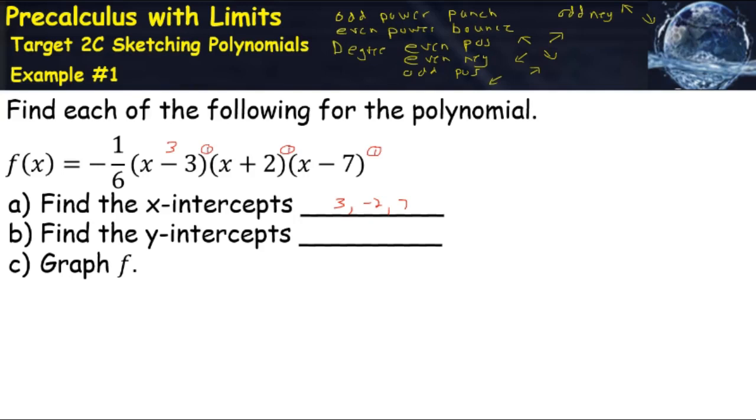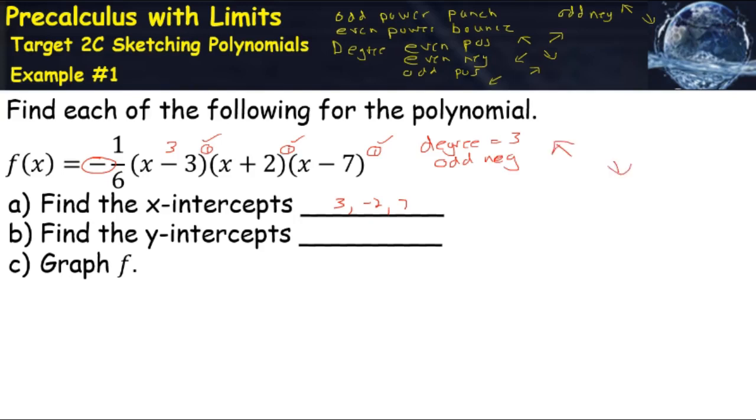So I know that this is a degree 3 because 1 plus 1 plus 1 is 3, so I know it's odd. Now I have to decide if it's odd positive or odd negative. The leading coefficient is negative, so this is an odd negative. So odd negative end behavior looks like this.